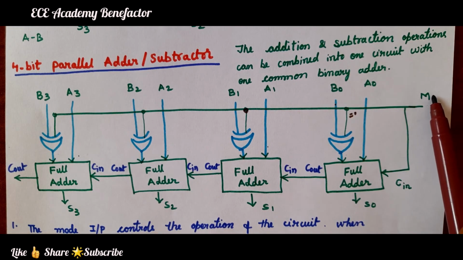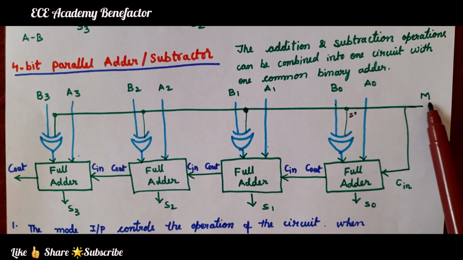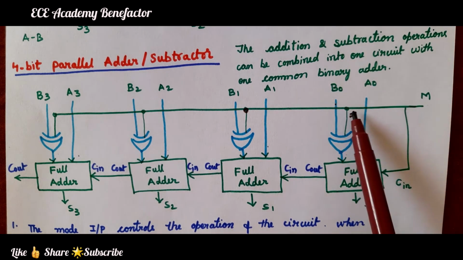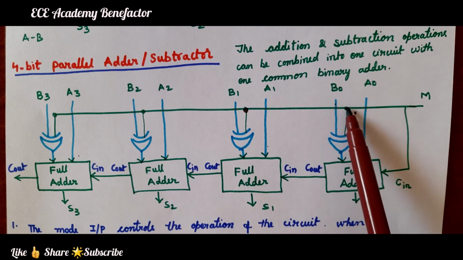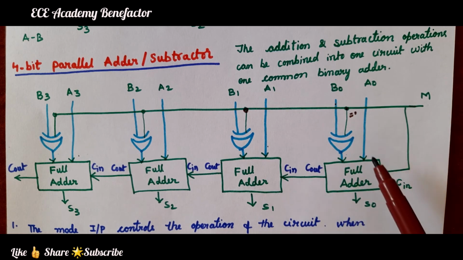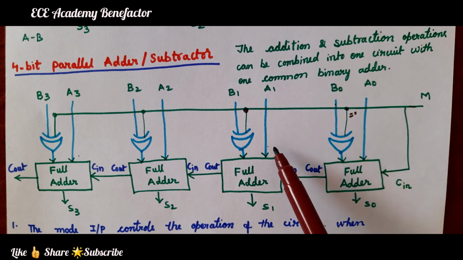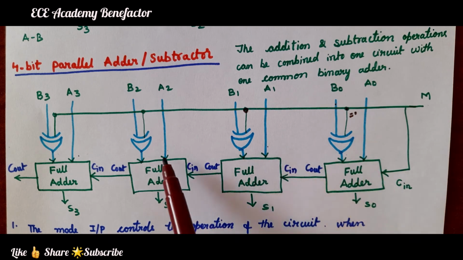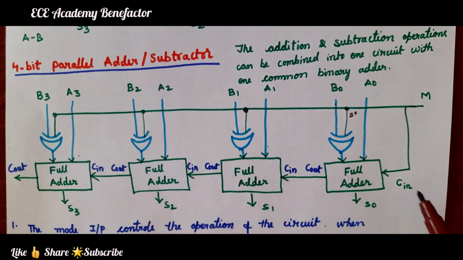Now, let us make this control input 1. So, what will happen when the control input is 1? This 1 will come to all the XOR gates. So, B0 XOR 1 will be B0 bar. So, what are the inputs here now? A0, B0 bar, A1, B1 bar, A2, B2 bar, A3, B3 bar, and the input carry here is 1.